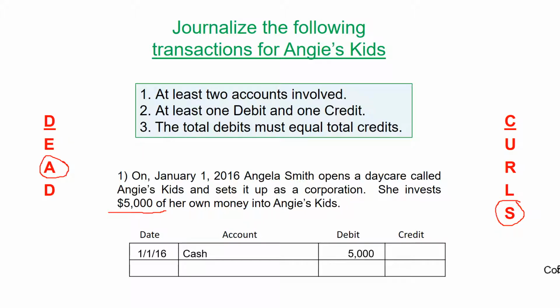So the credit would be to common stock for $5,000. Notice that when journalizing this transaction, I listed the debits first, and then below the debit, I listed the credit, and the credit is indented. Also notice that there's at least 1 debit and 1 credit, and that the debit and the credit balance.